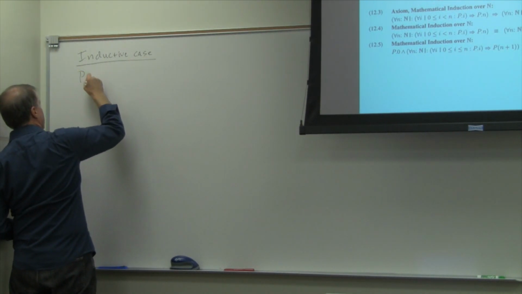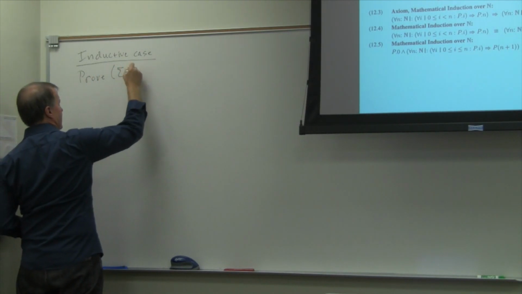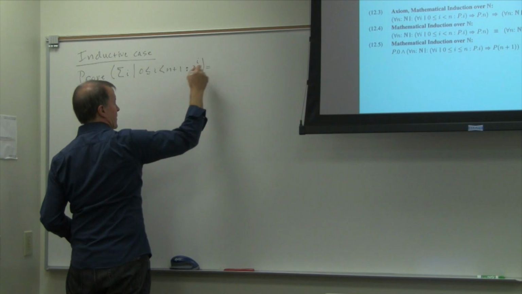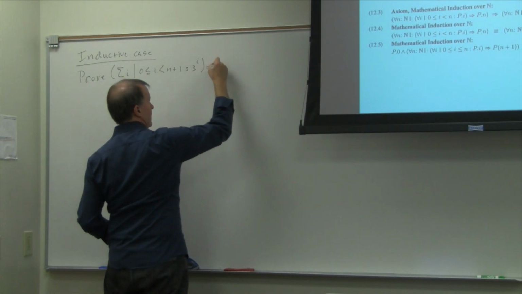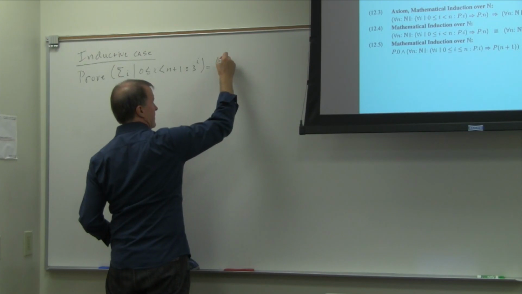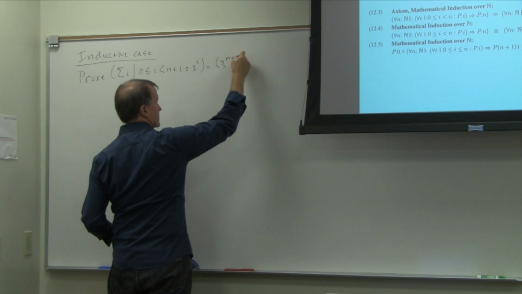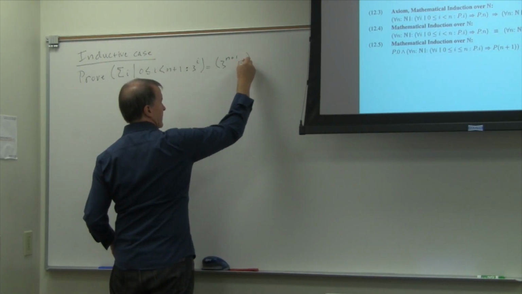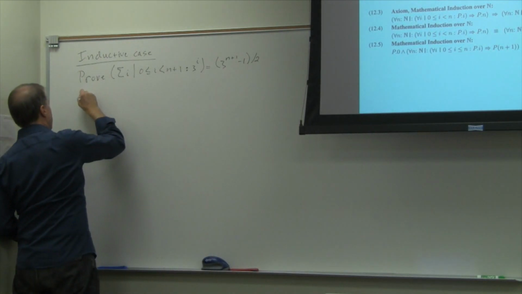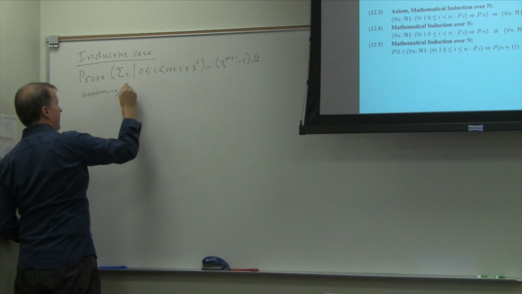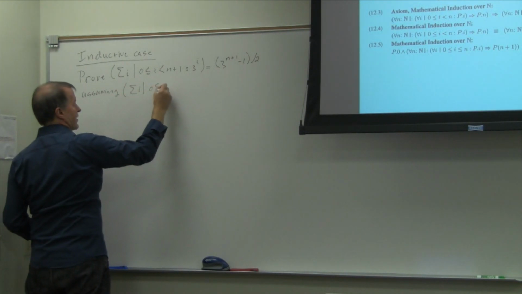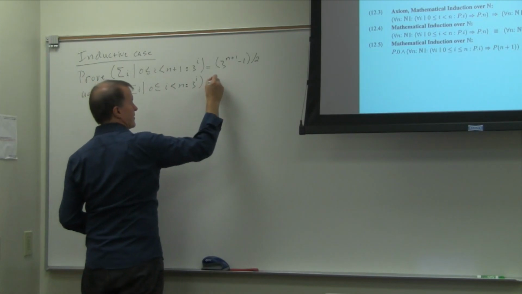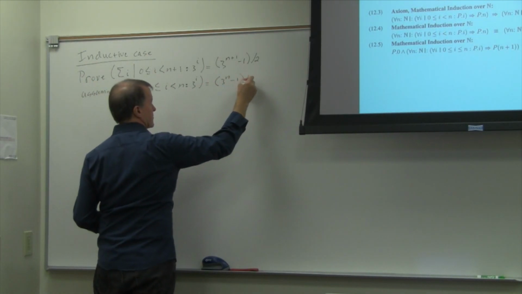So prove the sum on i, 0 less than or equal to i less than n plus 1, body 3 to the i, equals 3 to the n plus 1 minus 1 over 2, assuming the sum on i, 0 less than or equal to i less than n, 3 to the i equals 3 to the n minus 1 over 2.